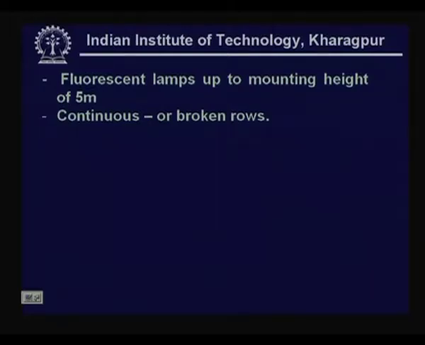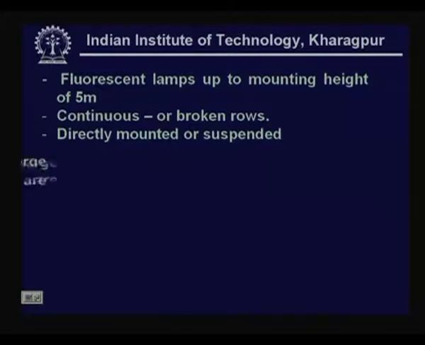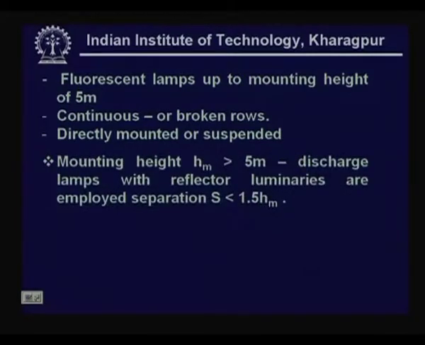Ideally, it's believed lamps placed perpendicular to the plane of work give a good effect, and they could be either directly mounted or suspended. As I said, they could be recessed in the ceiling, and the ceiling is invariably made as reflecting as possible.